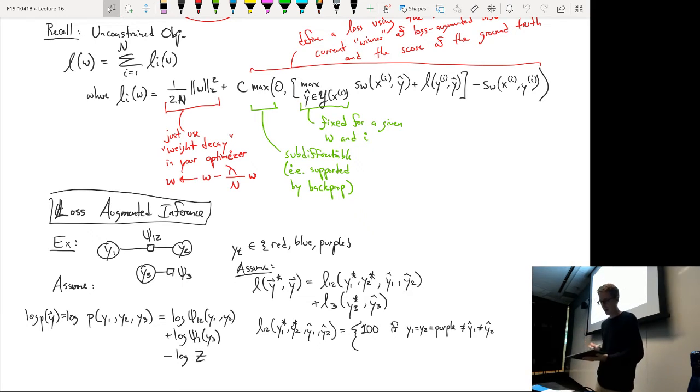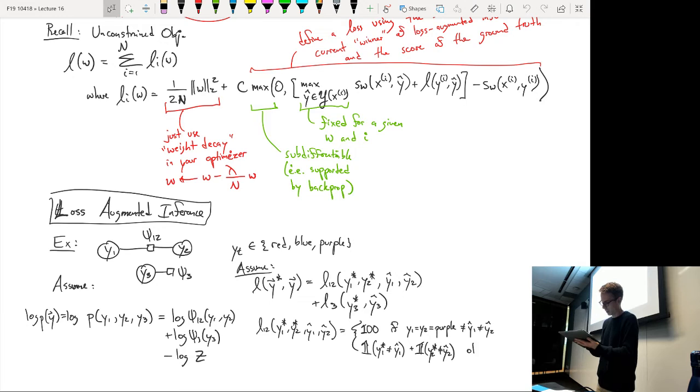Otherwise, we just back off to, say, Hamming loss on each of the variables, which would be an indicator function of y1 star not equaling y1 hat, plus y2 star not equaling y2 hat.